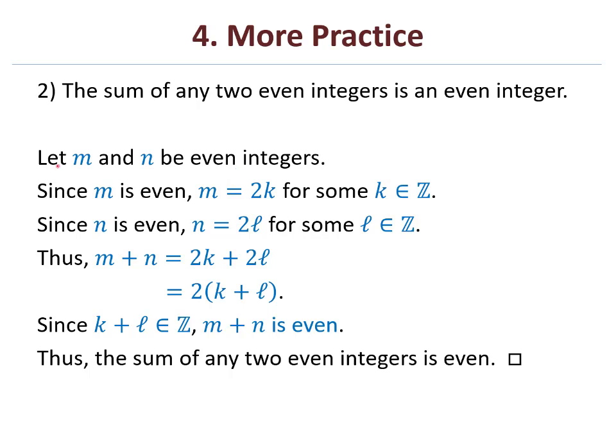Also, we're using these helping words to help us along. And it can get a little bit boring after a while if you're always saying since, thus. There's lots of things that you can say in place of thus. You can say hence, you can say therefore, or it follows. How about even this implies that? So there you go. There's some ideas to help you spice up your proof writing.